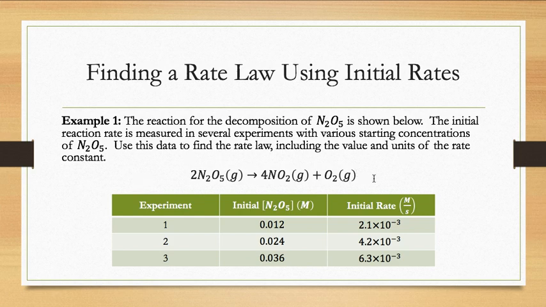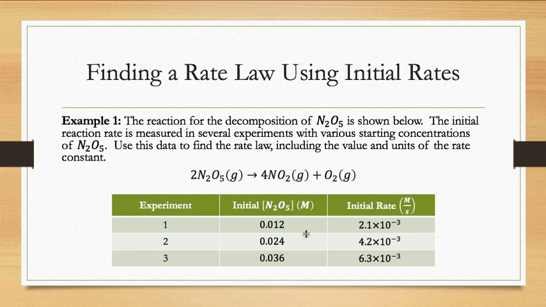There's the chemical reaction equation. And we do a few different experiments. In the first experiment, we have an initial concentration of N2O5, and we measure the initial rate, okay? And initially it's 2.1 times 10 to the negative third molarity per second.